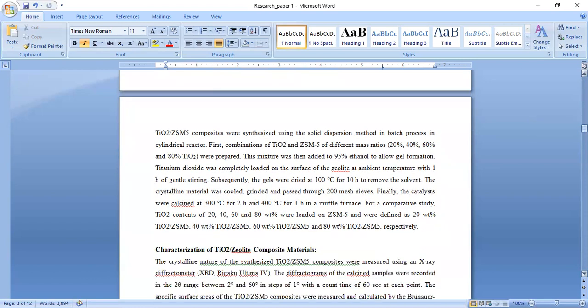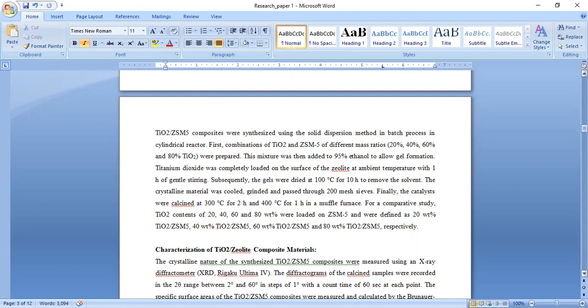The solid material is formed at different ratios: titanium oxide 20%, 40%, 60%, loaded on the ZSM5 adsorbent, so it is called 20%, respectively 80%.